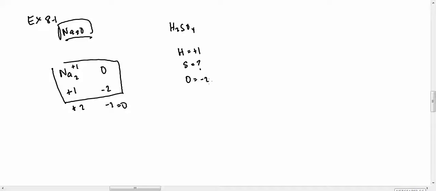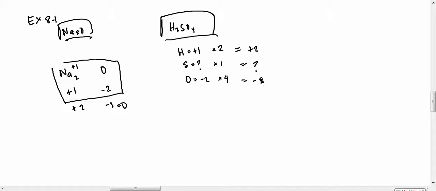Oxygen is -2. Now, one of the things we know is when we add up all of the oxidation numbers in here, that has to be 0. So there are 2 hydrogens, there is 1 of these things that we don't know, and there are 4 oxygens. So I've got +2 and question mark, and 4 times -2, which is -8.